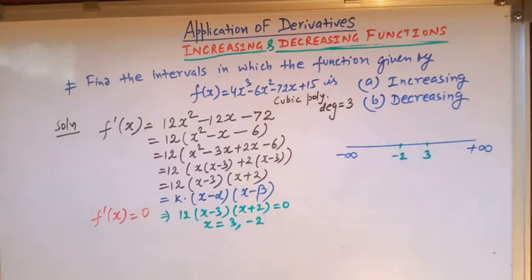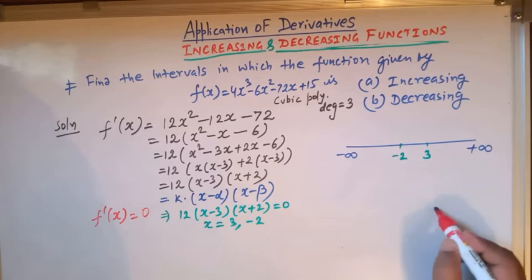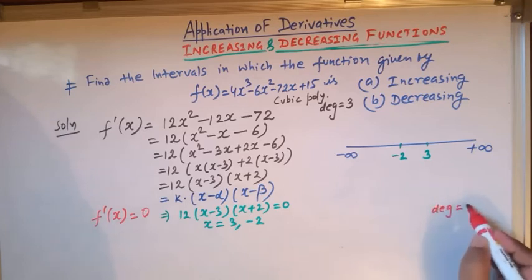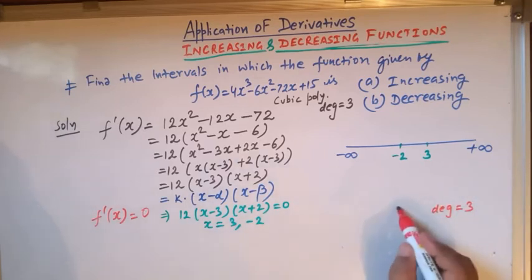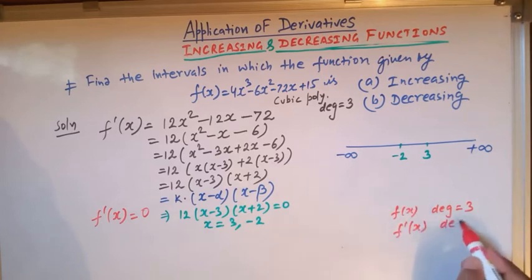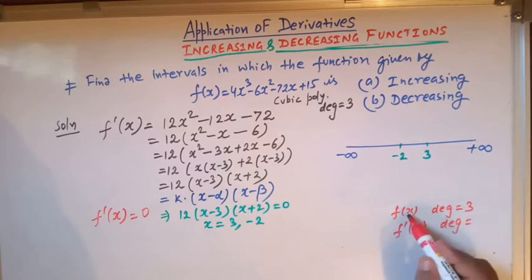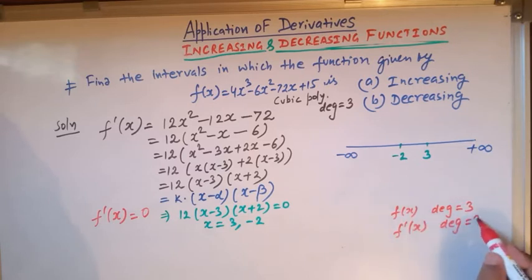Clear? So here we have a cubic polynomial of degree 3, and when we differentiate the function we have a polynomial of degree one less than the degree of this function, so 2, this is 3 minus 1.